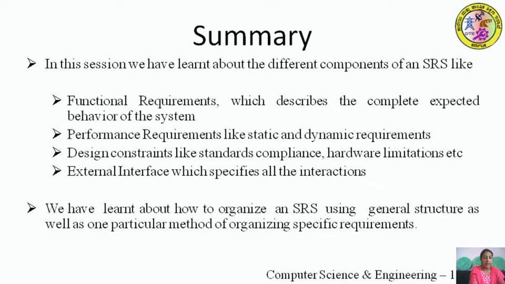And design constraints specify the requirements with respect to standards compliance, hardware limitations, reliability and fault tolerance, and security. And the external interfaces requirements specify all the interactions or the interfaces used with people, hardware, and other software.